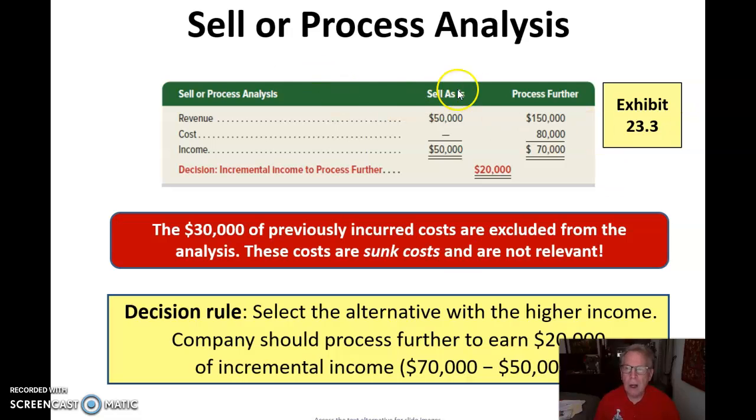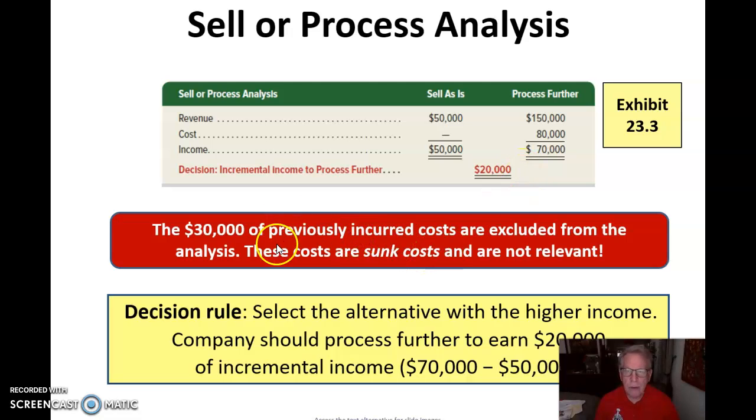So here, we sell it as is, we get 50,000. So that's pretty easy. If we process it further, we're going to get 150,000 in revenue, and it costs us 80,000. And that generates income of 70,000. So we're going to process it further and gain the extra $20,000.